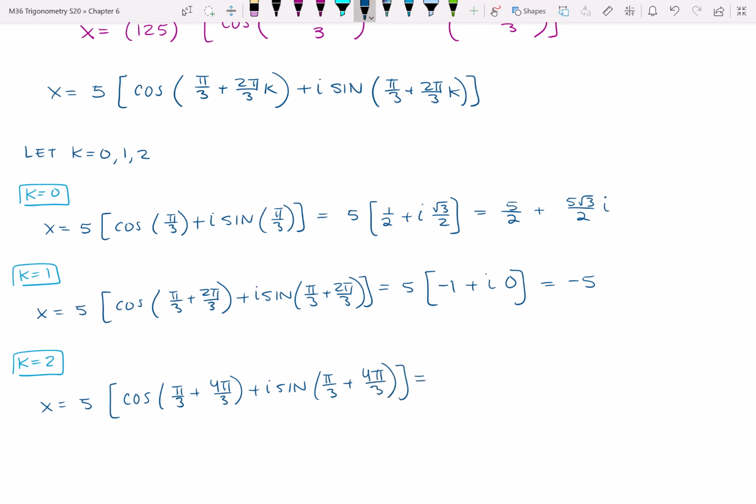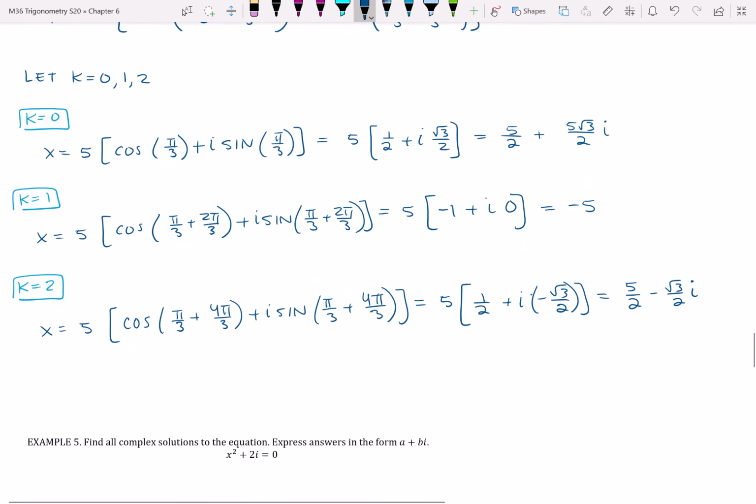That's going to give us 5 times cosine of 5 pi over 3, which is 1/2, and then sine of 5 pi over 3 is negative square root of 3 over 2, so i times negative square root of 3 over 2. That's going to equal 5 over 2 minus the square root of 3 over 2 i. Those are the solutions to that equation. Let me write that down.